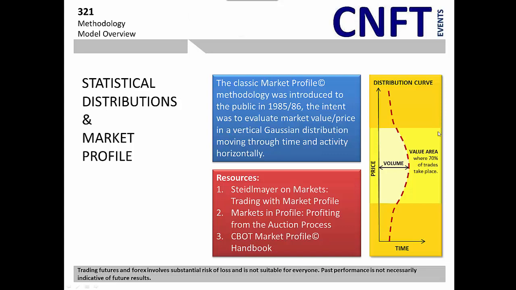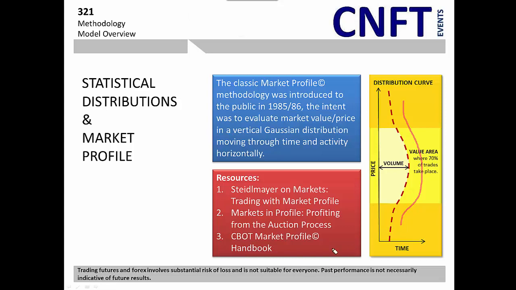Now, one of the things that we see right here is we took a normal distribution and rotated the axis on it. And we have what is called a Gaussian distribution, which right here is a normal distribution.